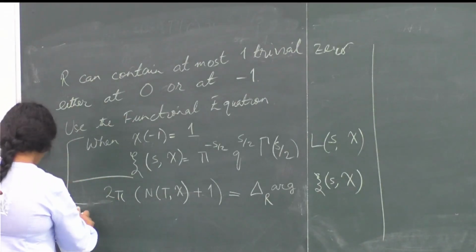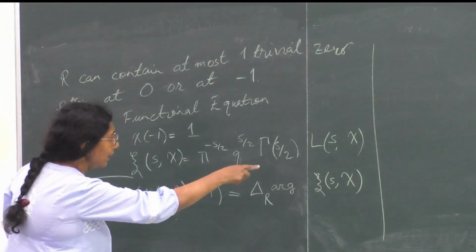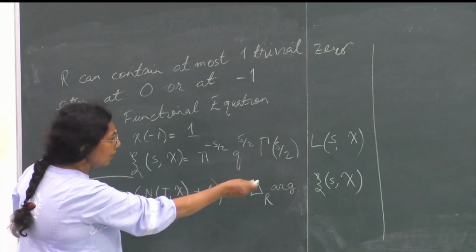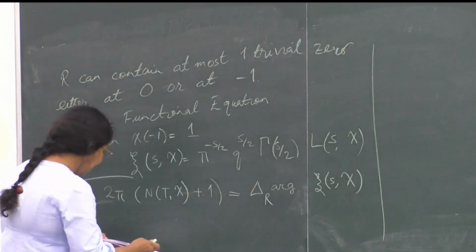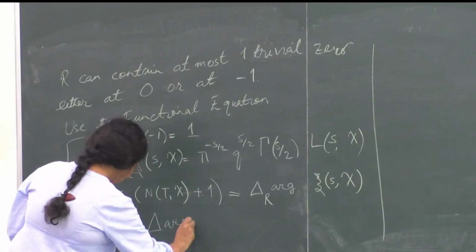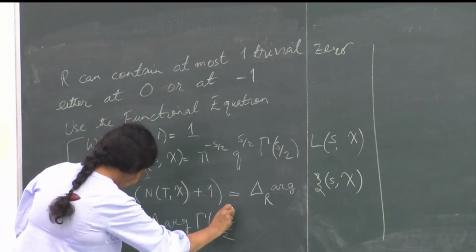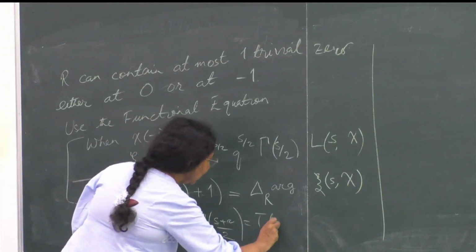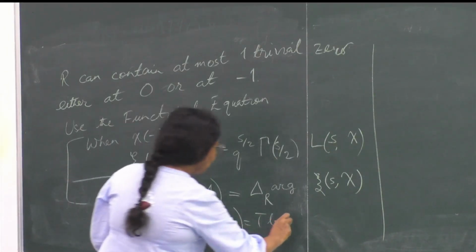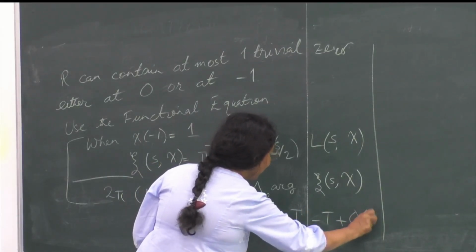So if I use the functional equation, then delta argument of gamma of (s plus a) by 2 is equal to T log T by 2 minus T plus big O of 1.